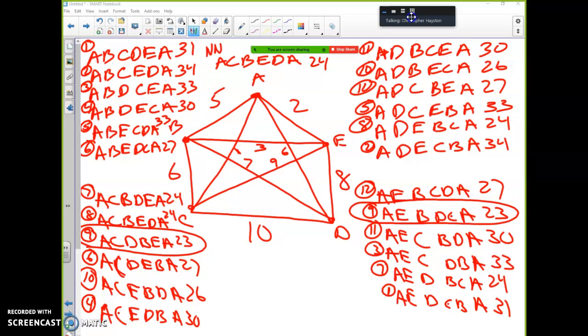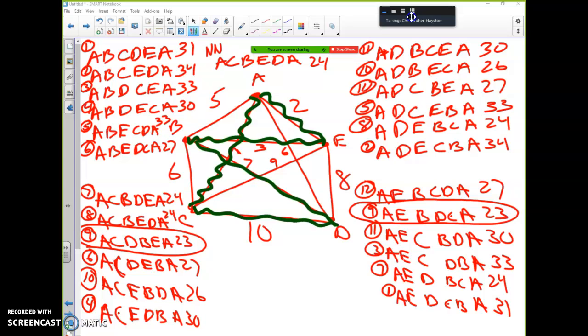The last one is the cheapest link. I'm going to take the shortest sides. So I start with 1. I go to 2. I'm going to use 3. Okay. Now I don't see 4 out there. 5 means I close a link up and I have 3 coming from A. So 5 I can't use. 6 I can't use because there's 3 lines coming from 6. 7 I can use. And then we close it up right here. That's the last one.